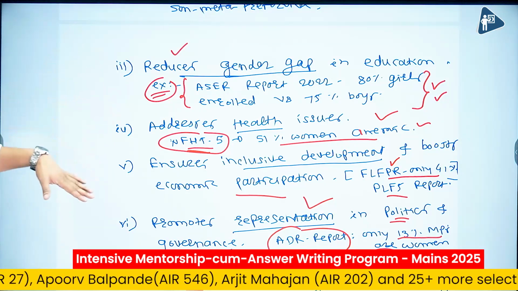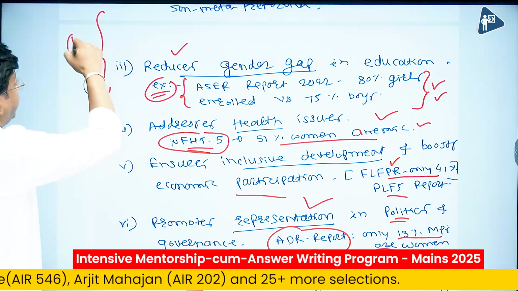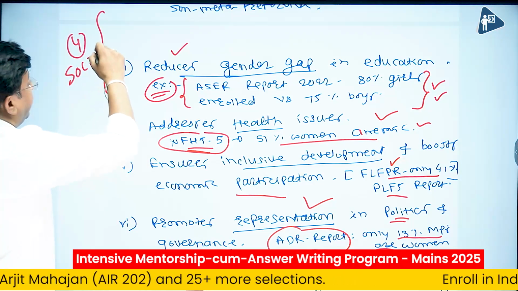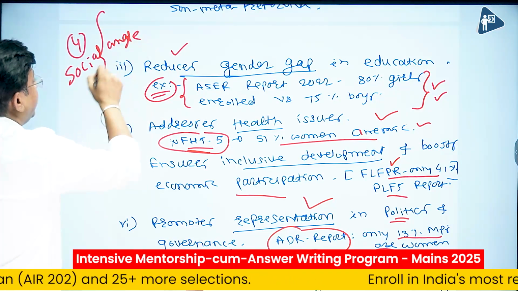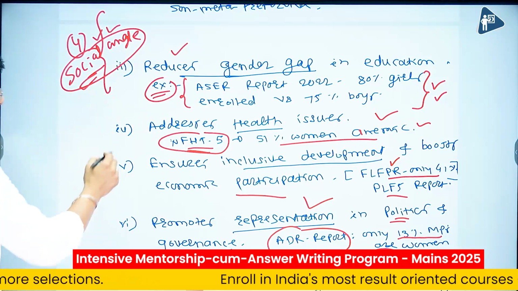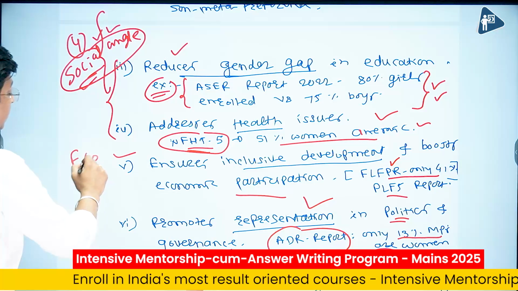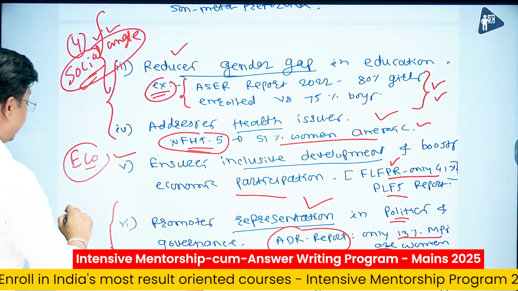Now I have written 6 points. Out of these, the first 4 points are from the social angle. You have to ensure multidimensionality in your answer. So this is the social angle, the first 4 points, then the 5th point is on the economic angle, and the last one is on the political angle.